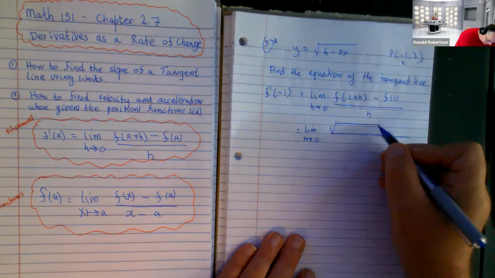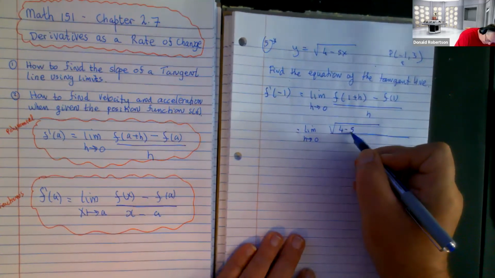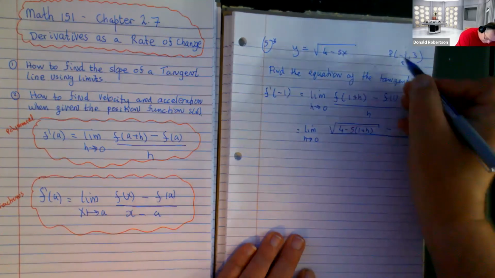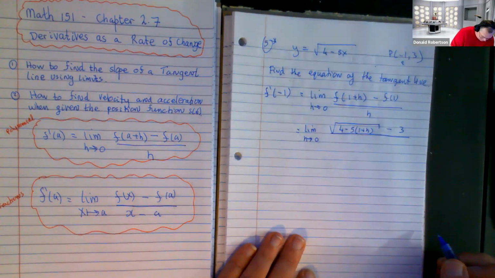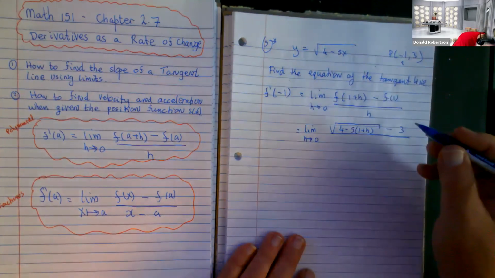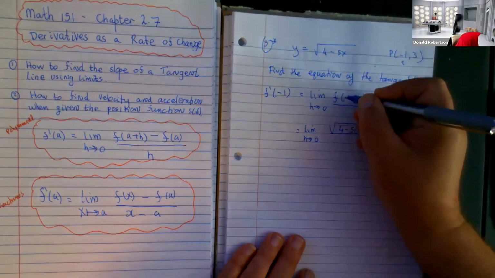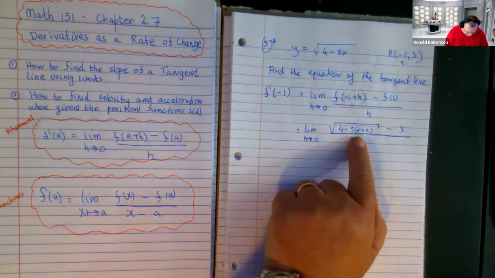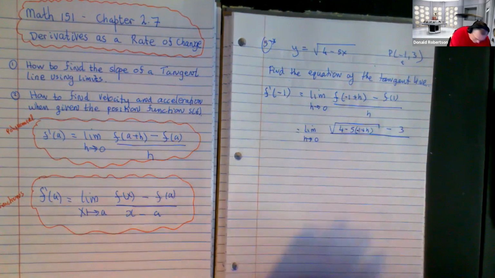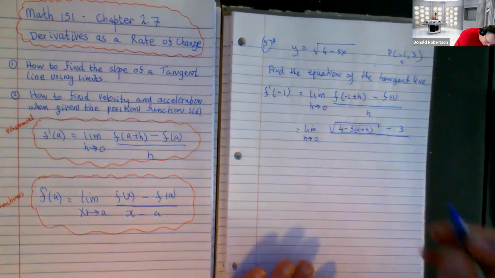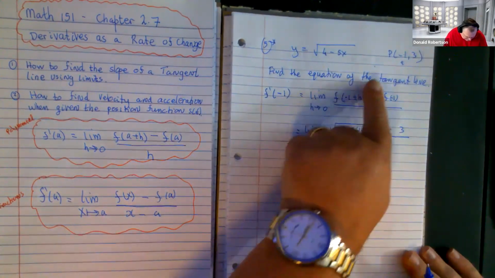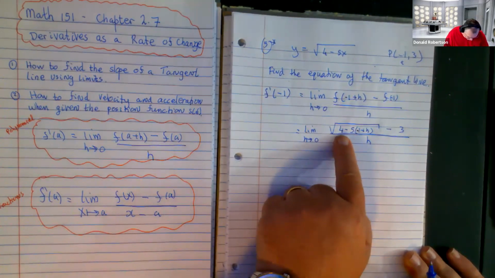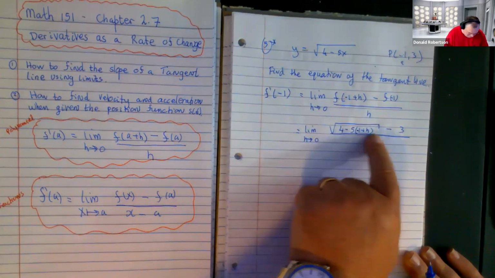So it's going to be 4 take away 5 lots of -1 plus h. And what is f of -1? F of -1 is 3. Oh, shooting space. Just caught myself. It's -1, right? So it's -1 plus h. 4 take away 5 lots of -1 plus h.